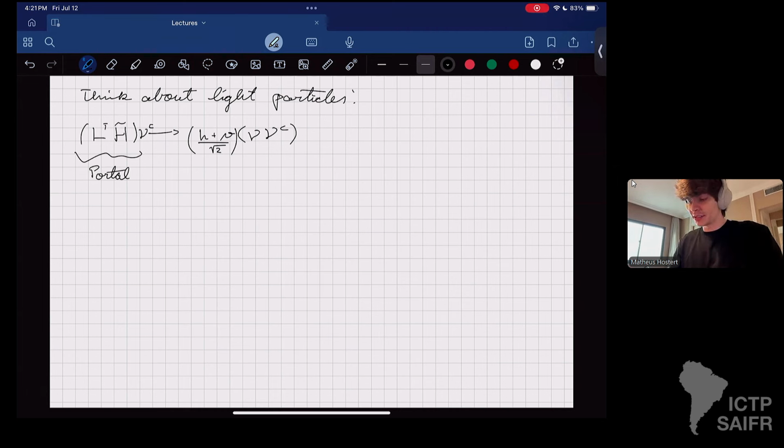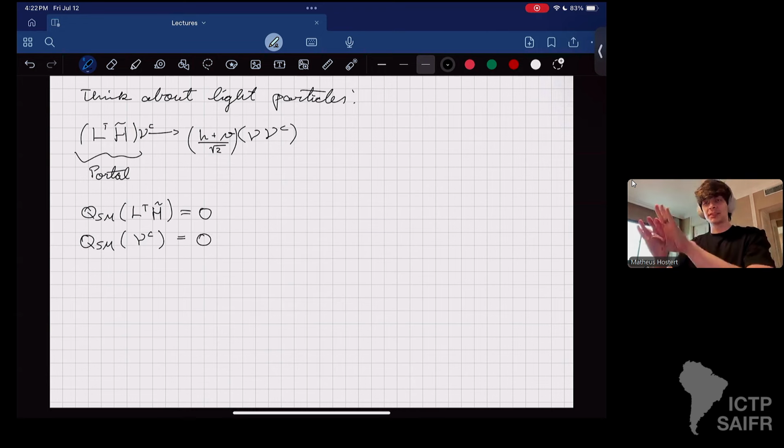So the charge under all standard model symmetries of L^T H tilde, that combination, is exactly 0. And the charge under all standard model symmetries of this new N was also 0. So I'm allowed to put them together in this fashion, which makes this a portal.